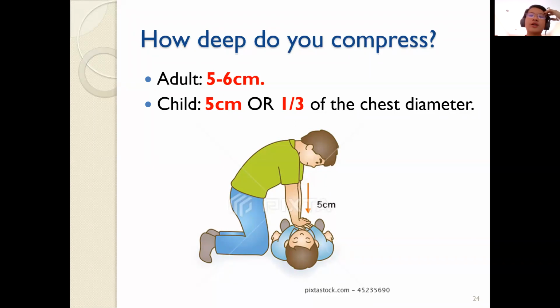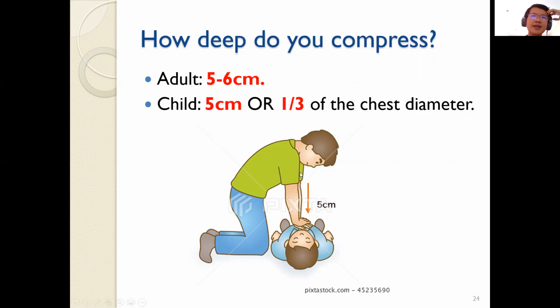You might go down to 110, 115, 120 over the course of the 2 minutes. And it's okay, it's fine. But the point is, we want to have a guideline, and the guideline says 5 to 6 cm, at least 5 cm. And you want to compress hard and fast, push hard, push fast, 100 to 120 beats per minute.